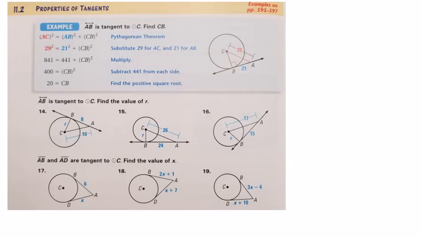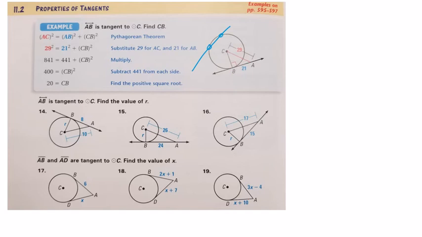Alright, moving on to 11.2. In 11.2, we were talking about tangent lines. So keep in mind, a tangent line does not pass through at 2 points like a secant. A secant passes through and hits the circle at 2 points. A tangent line just touches the circle at 1 point.